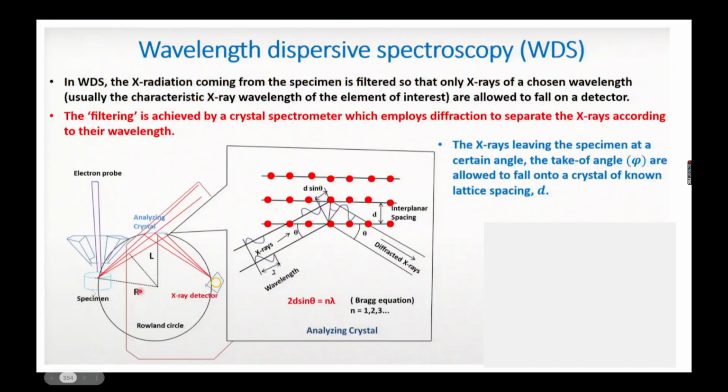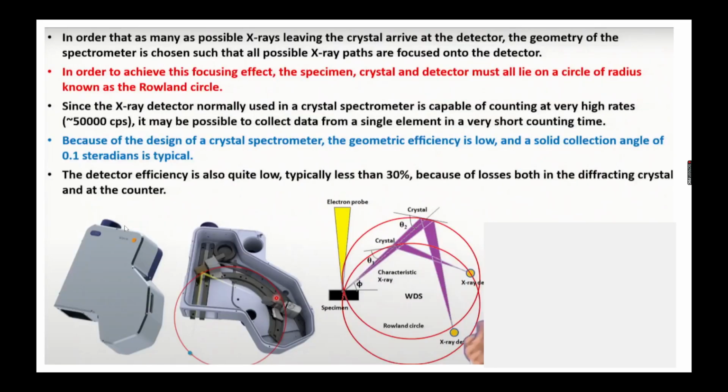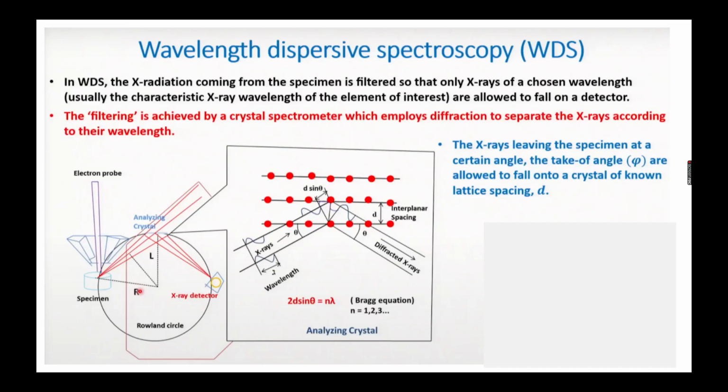There will be one circle, and these should fall onto this circle so that the maximum signal can arrive at the detector. There is some geometry regarding this. If you see this lecture, you will have a much better understanding. So the answer is the Rowland circle.